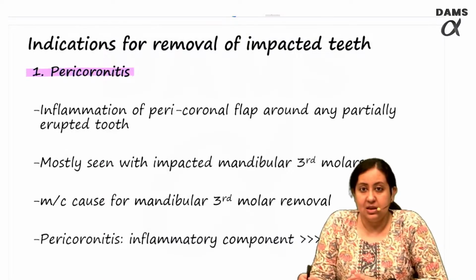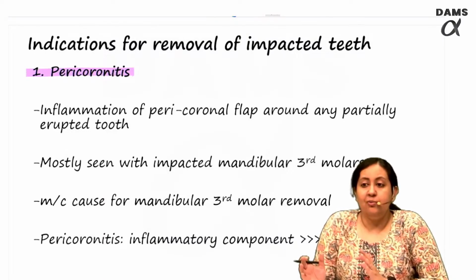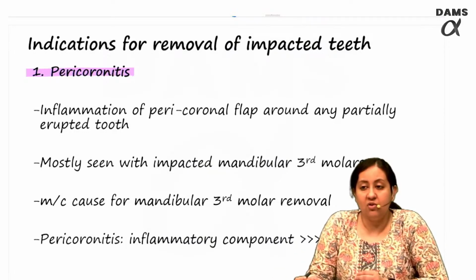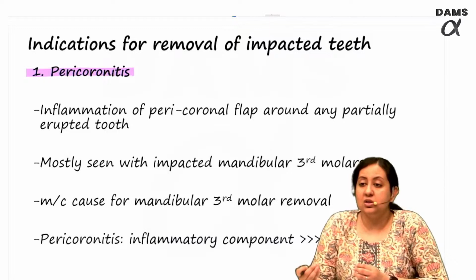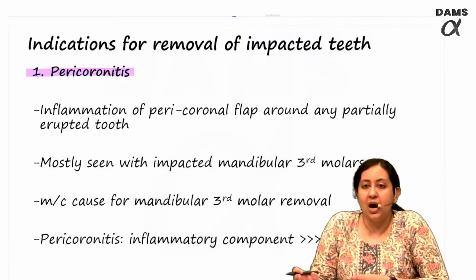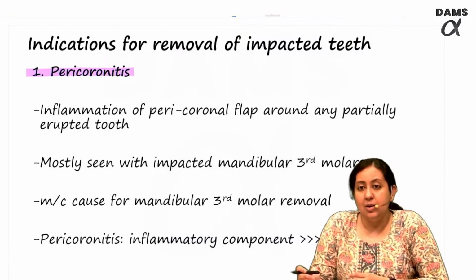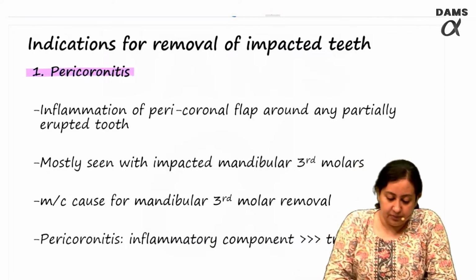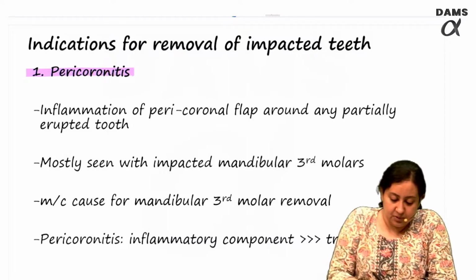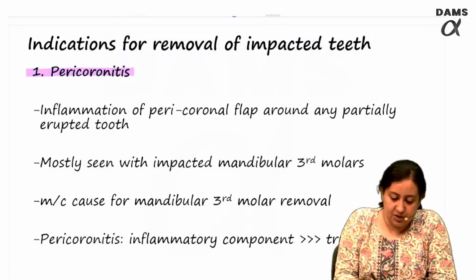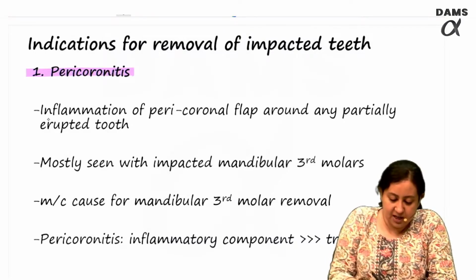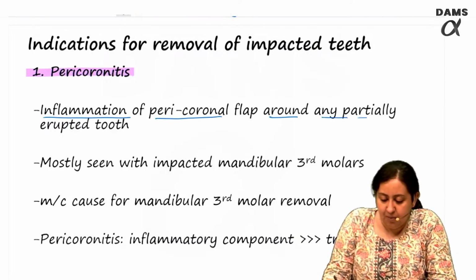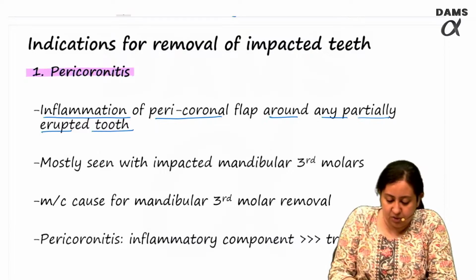I hope that is clear. Inflammation of pericoronal flap. What is pericoronal flap? The soft tissue covering or surrounding a partially erupted, impacted tooth. Like I just explained, inflammation of pericoronal flap around any partially erupted tooth.